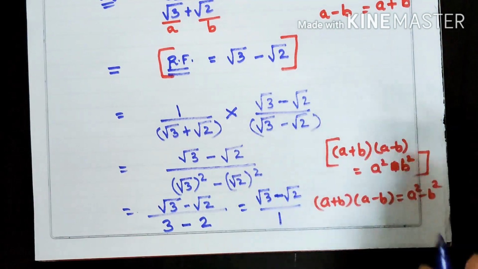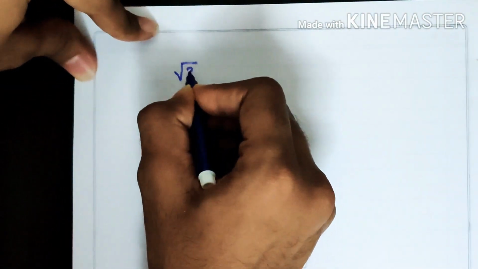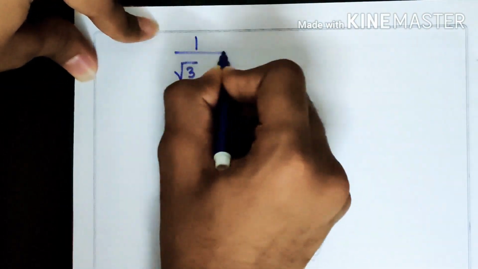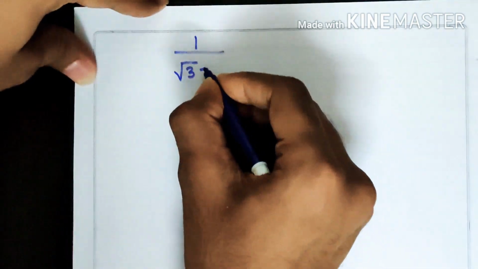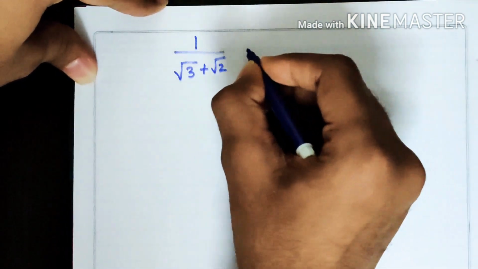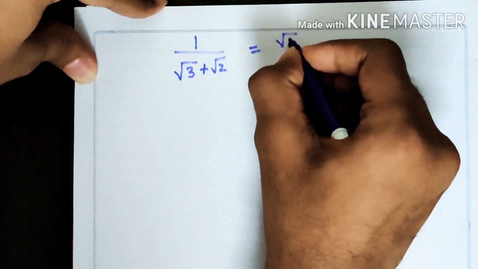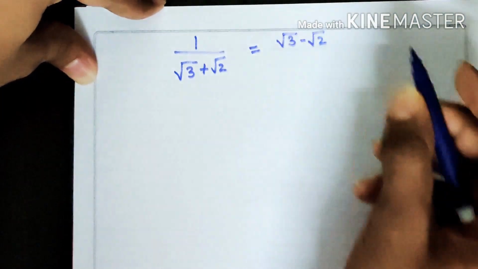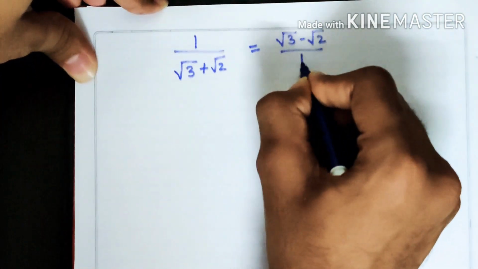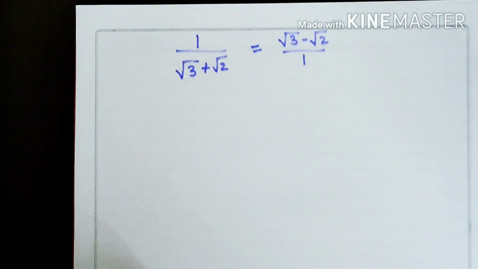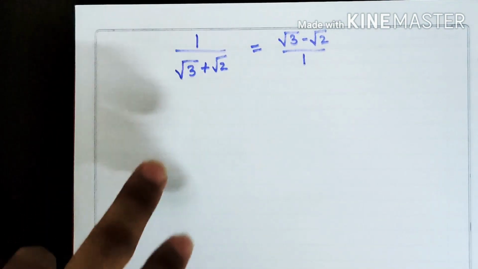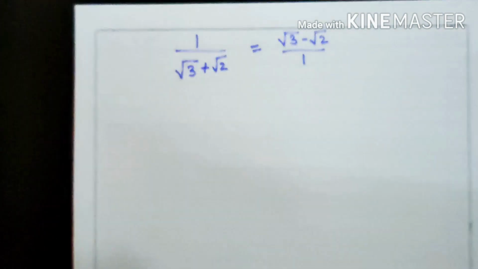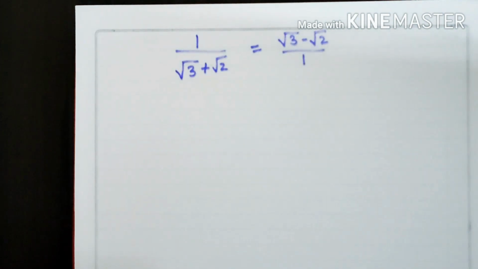This is our answer. Our question was 1 upon root 3 plus root 2, and we can also write it as root 3 minus root 2 upon 1. Is it clear? This way we have performed the rationalization method.